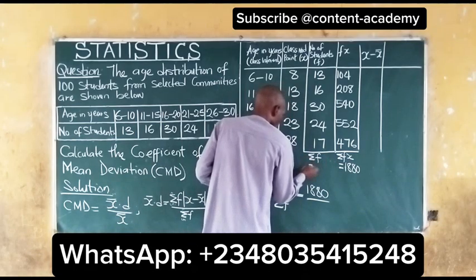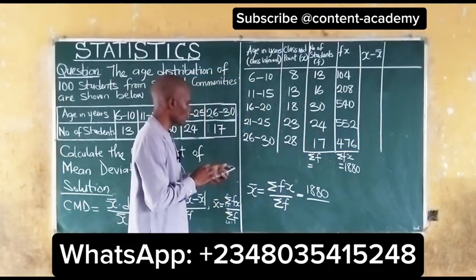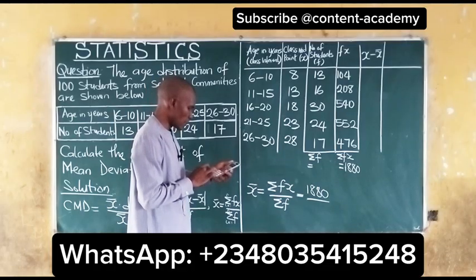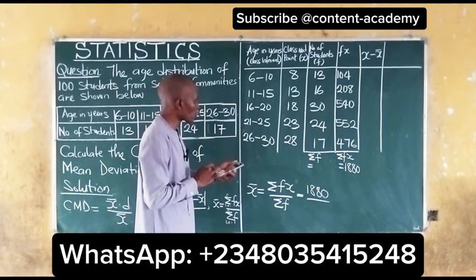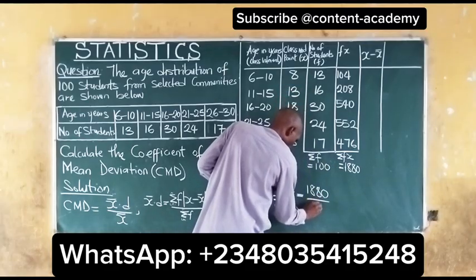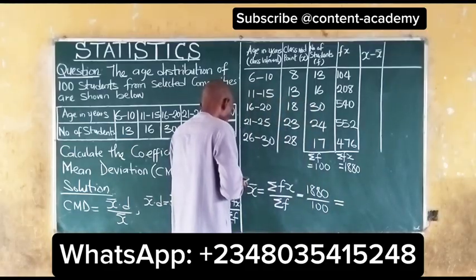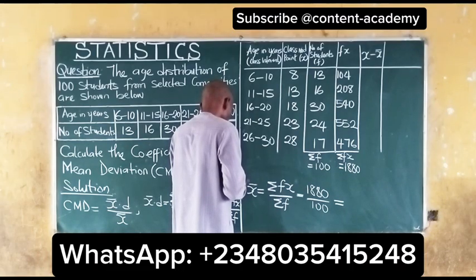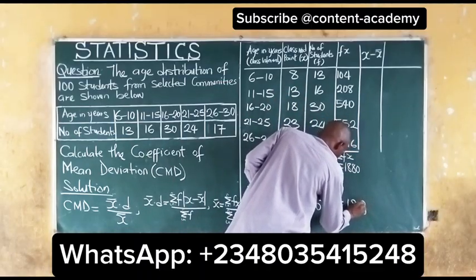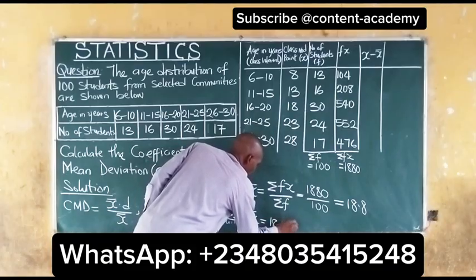Summation of f is the sum of our frequency, which is 13 plus 16 plus 30 plus 24 plus 17. So we have 100. It then means that our mean value is 1880 divided by 100, which is 18.8. So the mean is 18.8.